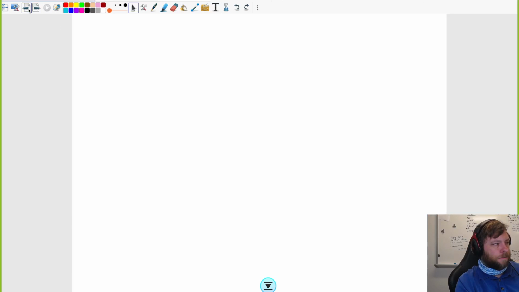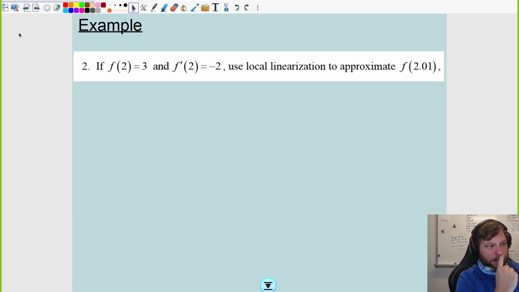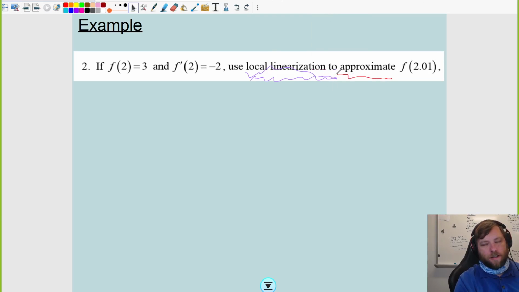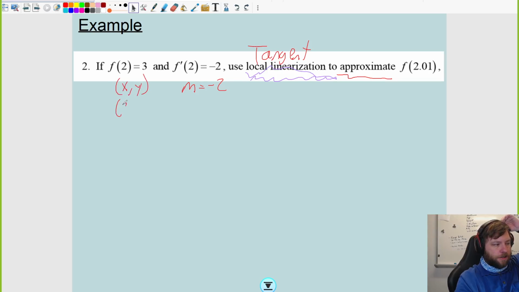Last one I want to do, just to show this, is a little less work, but they give you all the information. This is where you say, I'm going to use this local linearization to approximate. Whenever you hear approximate, it's tangent. So this is where I go, tangent line. The slope is negative 2, and I'm at the point (x, y) equals (2, 3) because of this information.